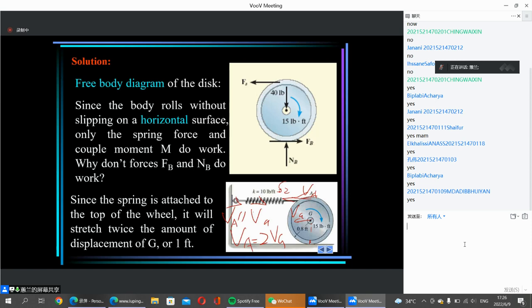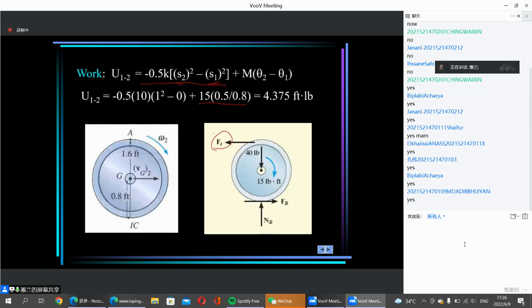No matter what time, the velocity of the contact point of the spring is always double the velocity of the mass center. Why? Because the velocity of a point on the disk is proportional to the distance to the IC. So VA equals 2 VG. That's why SA equals 2 SG.